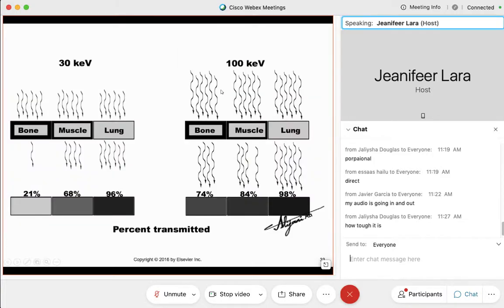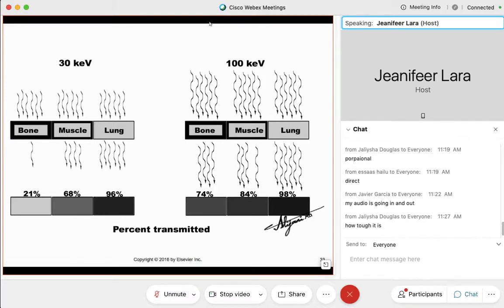So let's take a look at an example and say we have 30 keV versus 100 keV. Now we're looking at compactness, or you can say tissue density, and however you can say atomic number. At 30 keV, and this is just an example, we're just talking about lower transmission for the bone. This is where, no matter what you're going to X-ray, we can have more transmission by adjusting our technical factors.